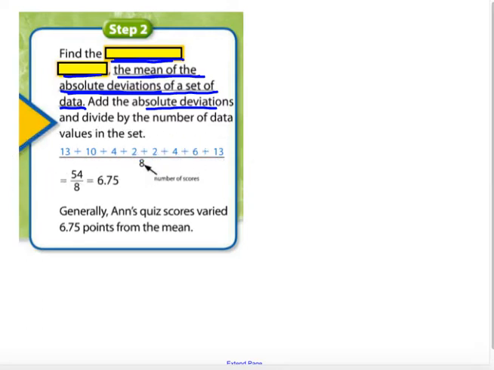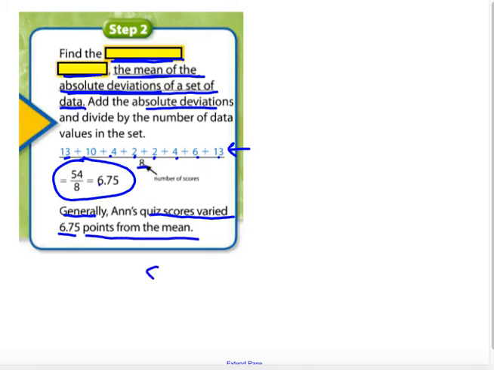So we take our values and we add them up. We find out that we have to divide by 8, so we have 54 divided by 8, and we get 6.75. So generally speaking, Anne's quiz scores varied 6.75 points from the mean.